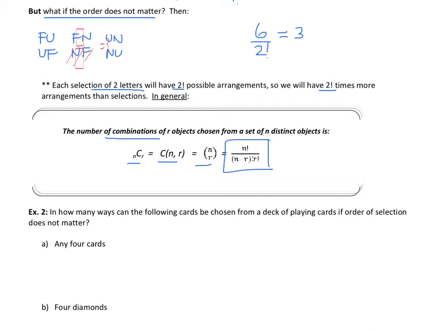You can see it's very similar to the permutation formula that we know, where we have n factorial on top and (n minus r) factorial on the bottom. Since we don't care about the order, we only care about what we're pulling out, not how they're arranged, we're going to divide by r factorial. That's exactly what we did in our example with the word fun. We divided by 2 factorial because that's the number of letters we were pulling out. However many items you're pulling out, you're also going to divide by that number factorial.